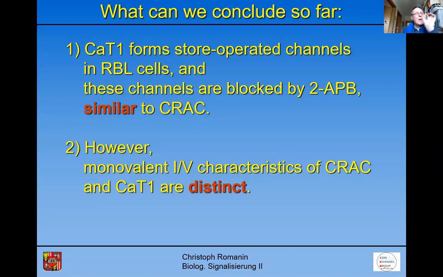However, based on a biophysical comparison, the monovalent current voltage characteristics of a CRAC channel and of ORAI1 are distinct. Here we have what is called an inward rectification in terms of the endogenous CRAC channels, but in terms of ORAI1 you see this U-shaped form at the beginning, and that's clearly a distinct feature that is not visible with the endogenous CRAC channels.